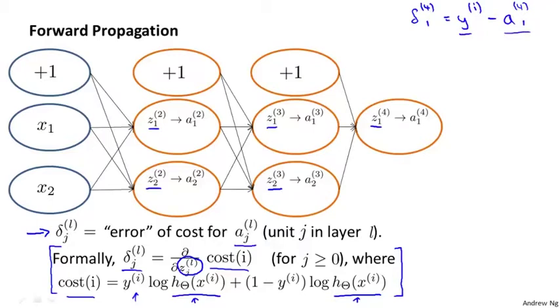We compute delta 4,1 like so. Next, we propagate these values backwards, which I'll explain in a second, and end up computing the delta terms of the previous layer, delta 3,1 and delta 3,2. Then we propagate this further backward and end up computing delta 2,1 and delta 2,2.